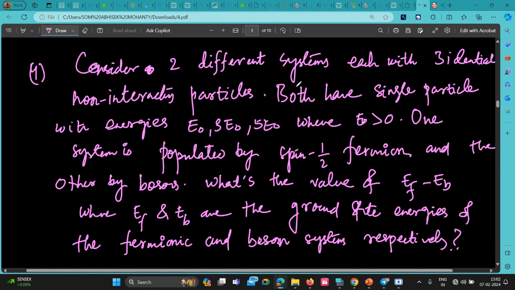Consider two different systems with three identical non-interacting particles. Both have single-particle energies E0, 3E0, and 5E0, where E0 is greater than 0. One system is populated by spin-half fermions and the other by bosons. What's the value of E_F minus E_B, where E_F and E_B are the ground state energies of the fermionic and boson systems respectively?